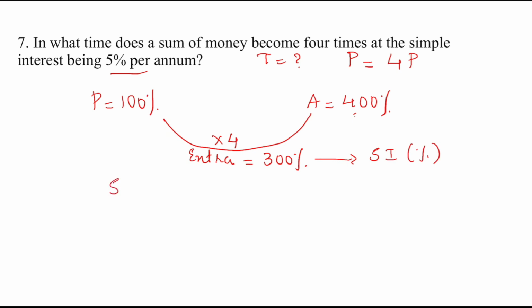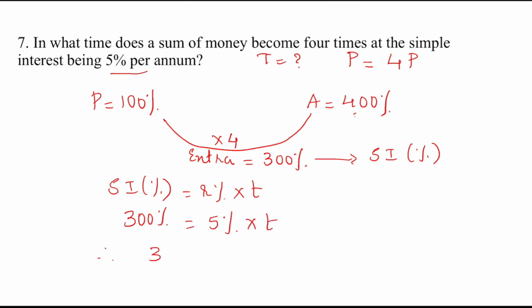So we know that SI in terms of percentage is equal to R% into T. We got SI as 300%, which is equal to R, that is 5%, into time, which we don't know. We have to find it out.